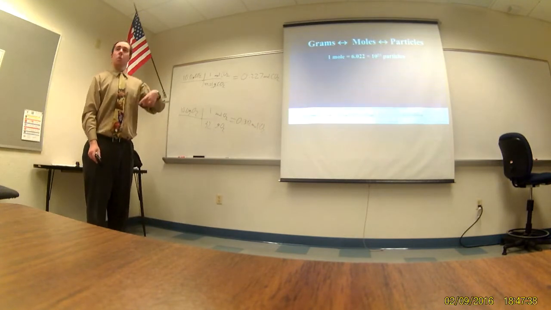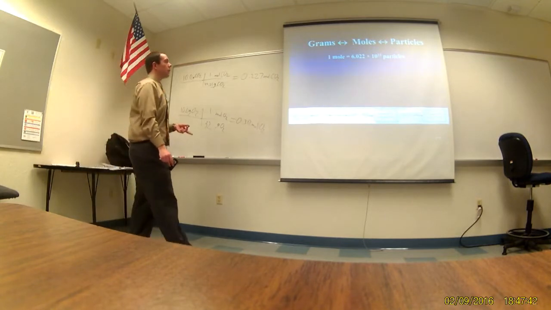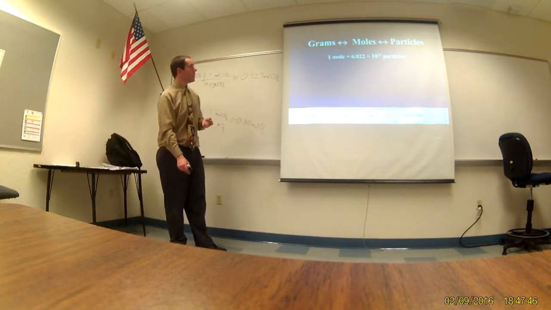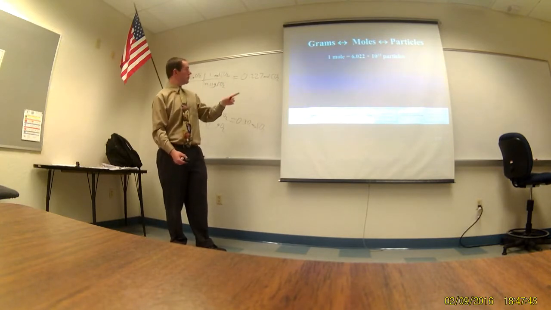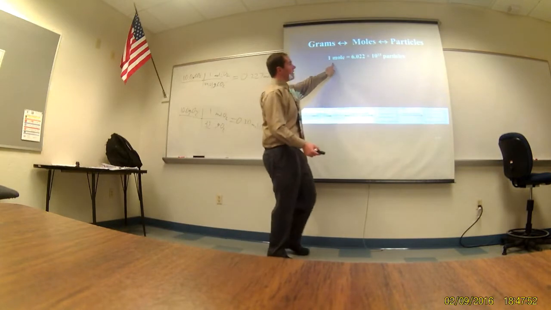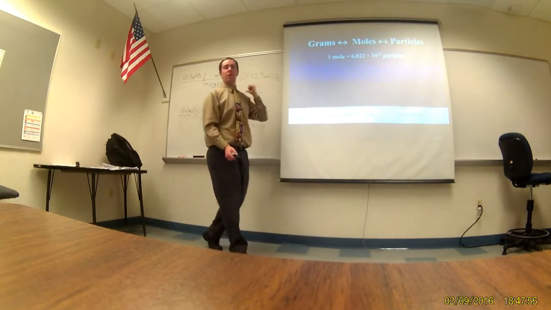Okay. We can take this one more step, and we can calculate the number of particles. Remember, a mole is 6.022 times 10 to the 23rd particles. This is a conversion factor that we can use in dimensional analysis.